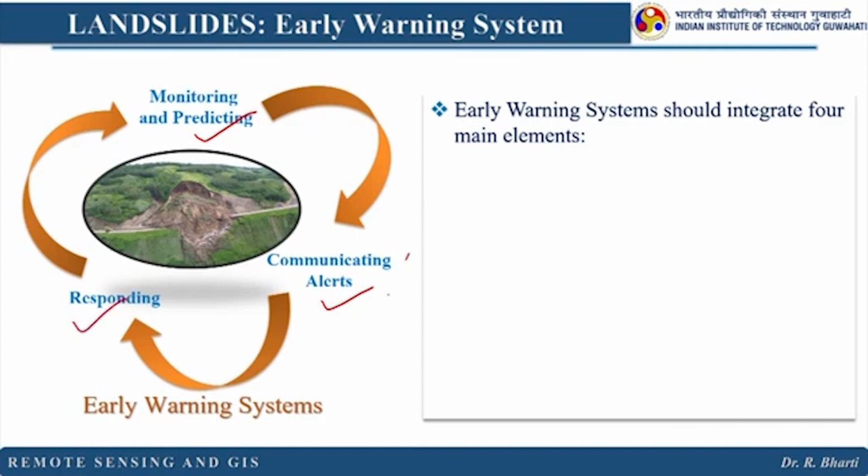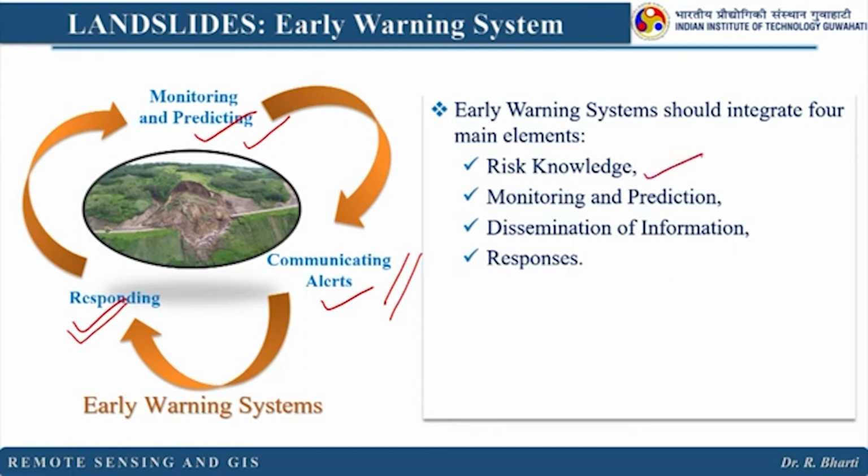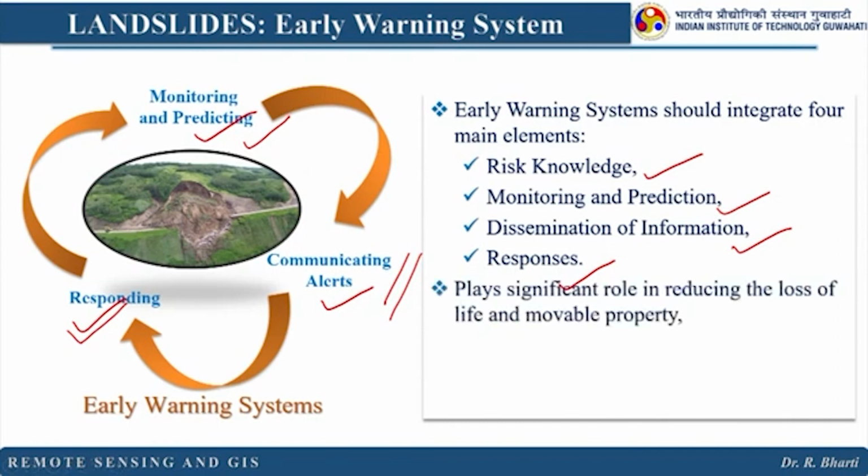Communicating alerts is the responsibility of the analyst, but responding is the responsibility of the government, whether central government or state government, but they should plan the rescue mission or maybe the evacuation processes. So risk knowledge, monitoring and prediction, dissemination of information and responses are important parameters of this early warning system. If one of them fails, then the whole early warning system will fail.